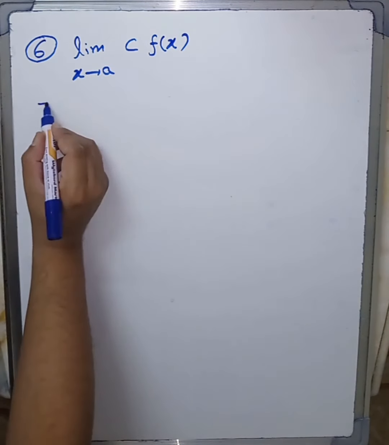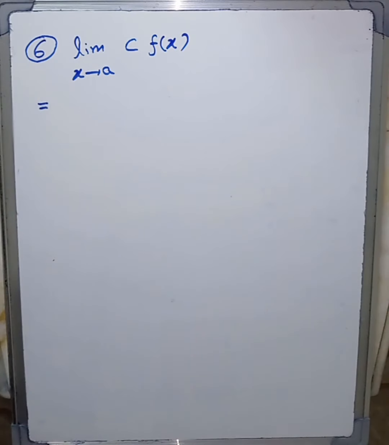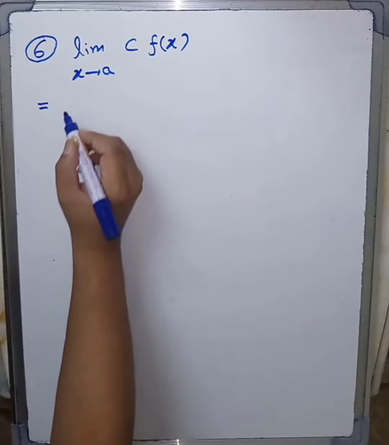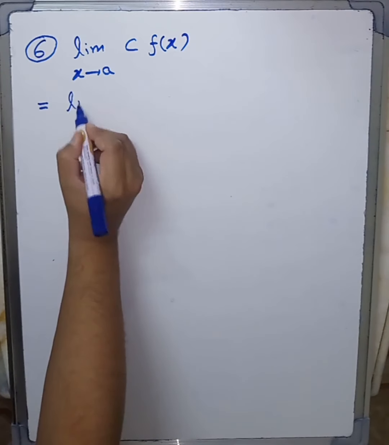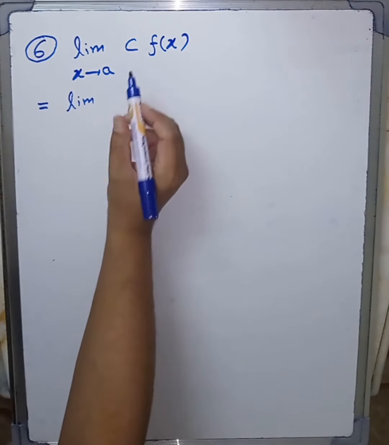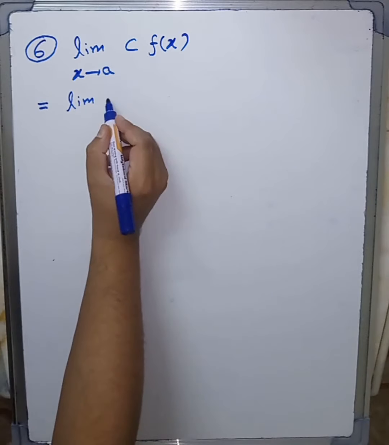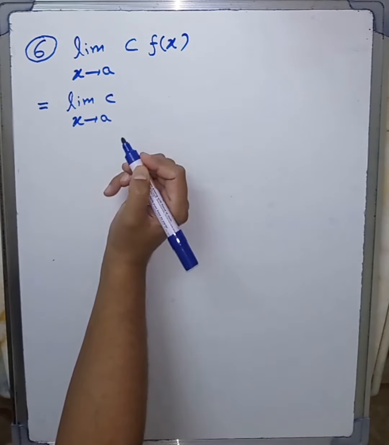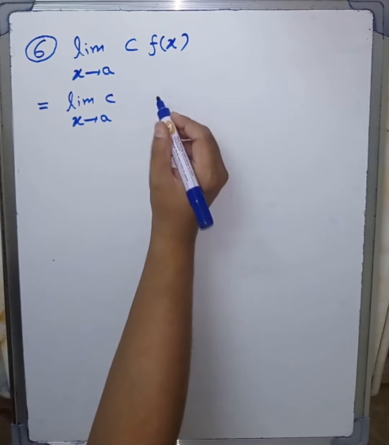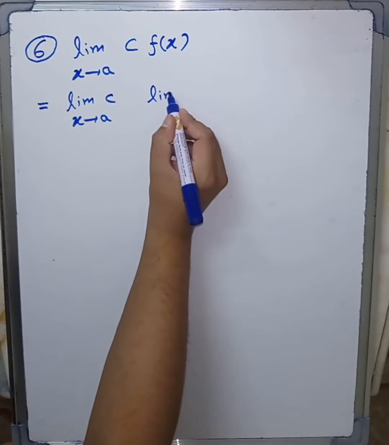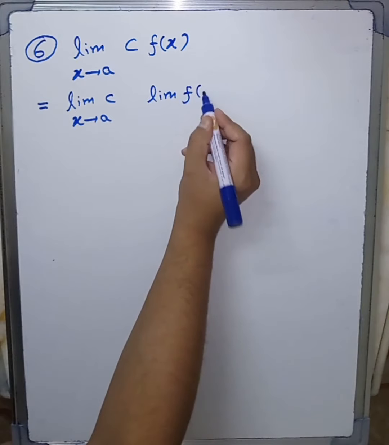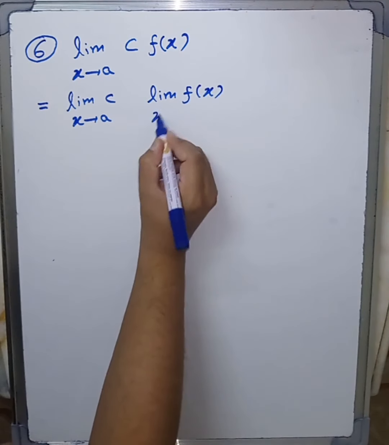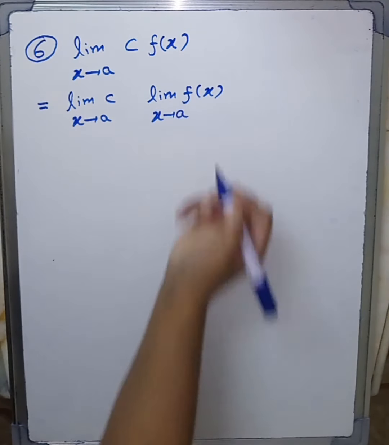This will be equal to, using property number 4, limit of c as x tends to a multiplied by limit of f(x) as x tends to a.